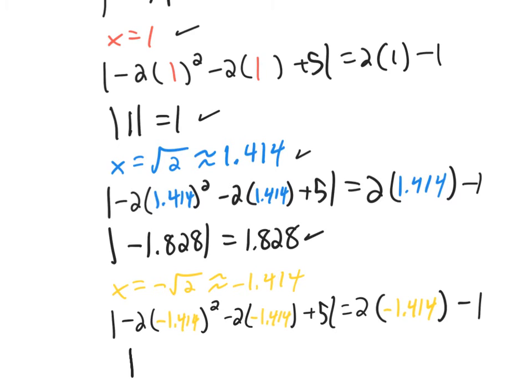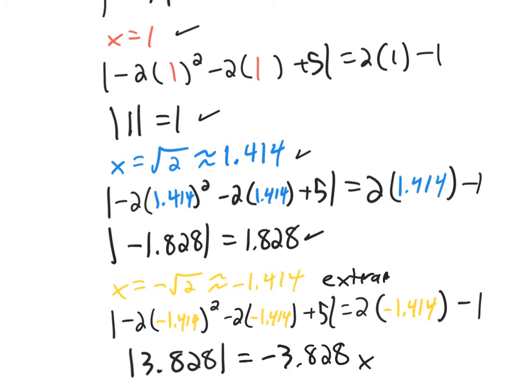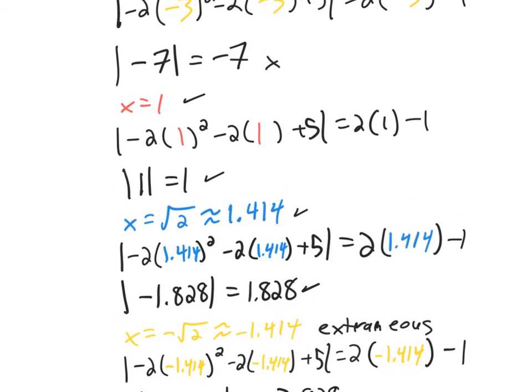So the final check produces absolute value of 3.828 is equal to negative 3.828, which does not pass the check. So the absolute value can't produce a negative value. That means this one is also extraneous. So we only had two that worked.